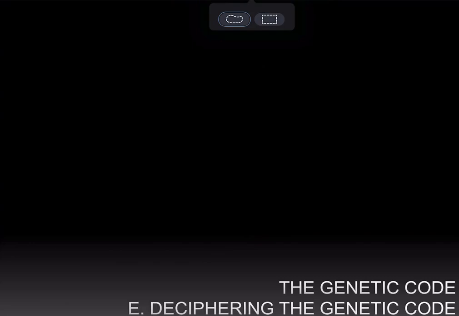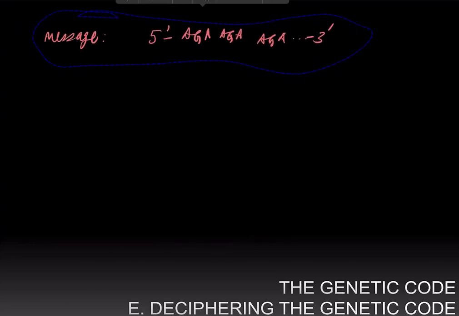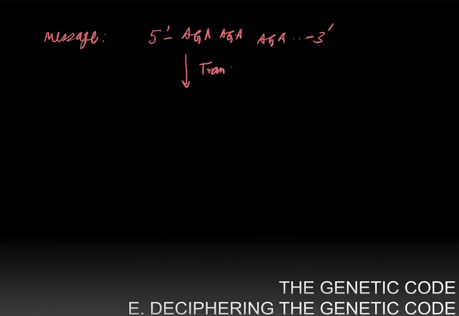For example, you could make a synthetic RNA which is repeats of the AGA codon, and then this RNA was translated in vitro.